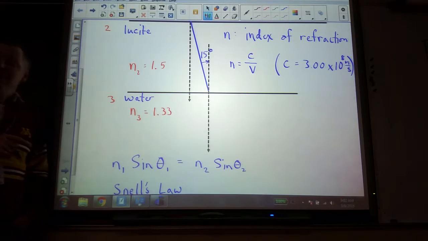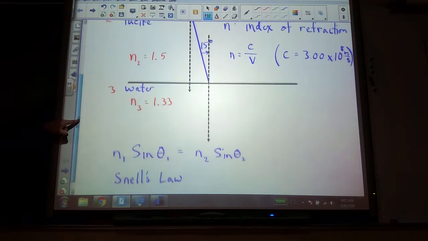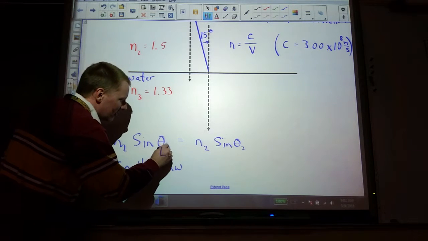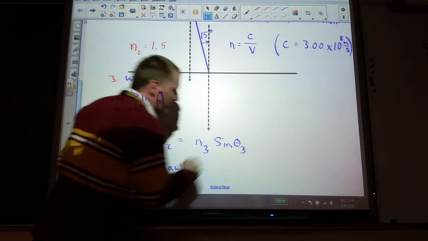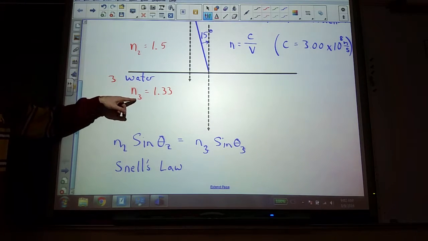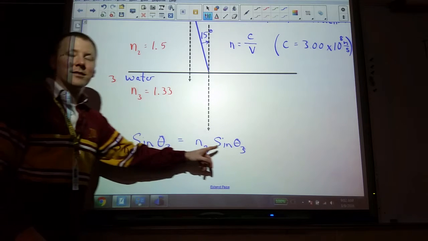What's going to happen to that as it goes through into the water? Is it going to bend more towards the normal or away? This is just a way to look at, what do I expect? So let's replace these with 2, 2, 3, 3. Well, N2 is 1.5, so that's greater than N3. What does that mean for the relationship between sine of theta 2 and sine of theta 3?